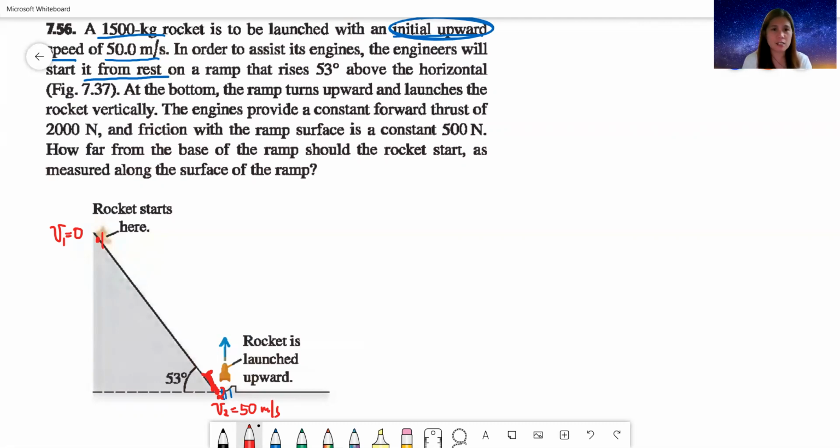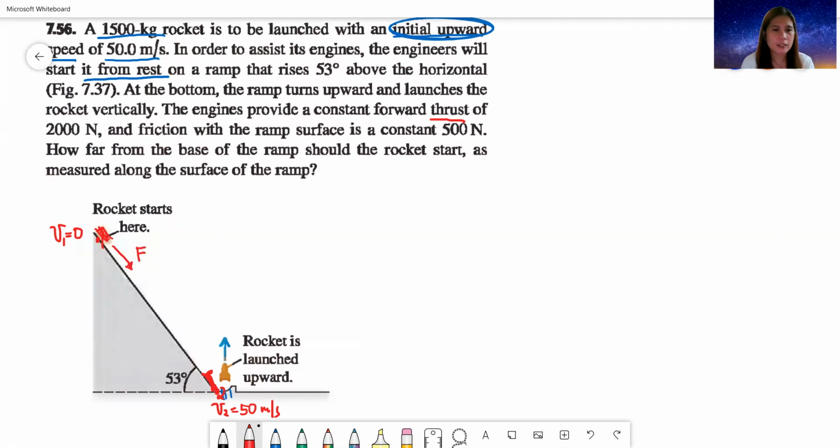Kasi that's the thrust, diba? Thrust is a force that will push the spacecraft or the rocket here along the direction of motion because the lift will give it altitude. Okay, ayan. So meaning to say, with the rocket somewhere here initially at rest, it receives a constant 2,000 forward thrust.